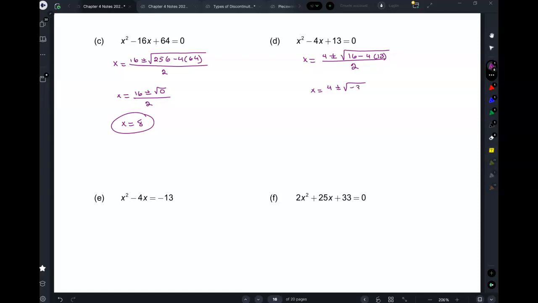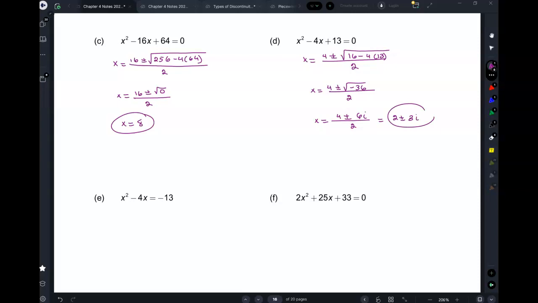Negative 36 over 2. So this is x equals 4 plus or minus what? 6i over 2. 2 plus or minus 3i, that's the answer.